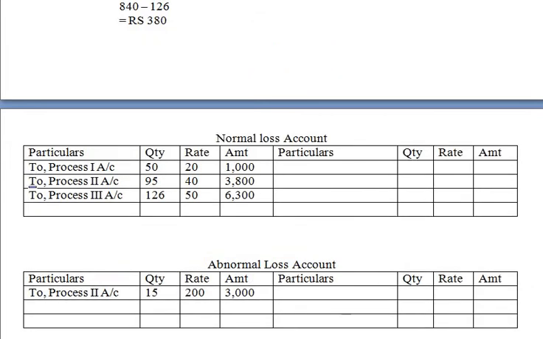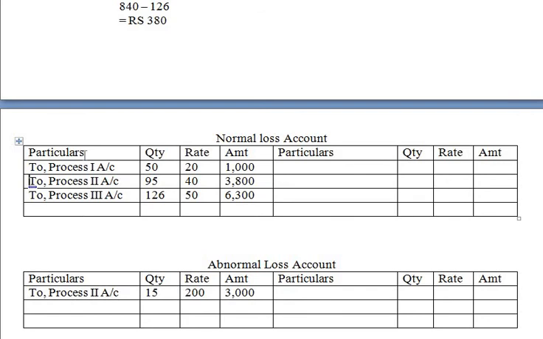Now, normal loss debit side we have shown for each process, like how much normal loss they have incurred. Now we are going to close this account. So before closing this, always remember abnormal gain and abnormal loss will be having realizable value, according to their respective process.